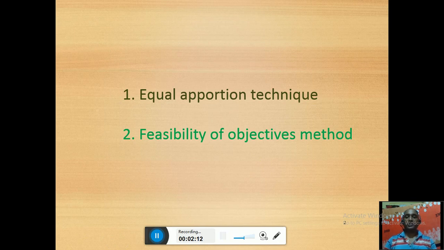In the equal apportionment technique, what we have to learn here is that if for a particular system we don't have any idea about the reliability or the complexity of the components.